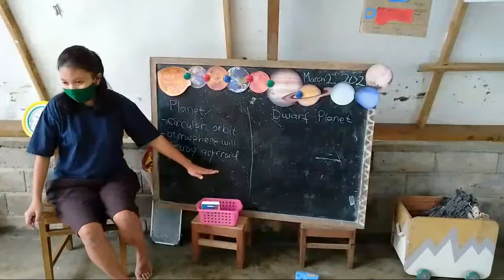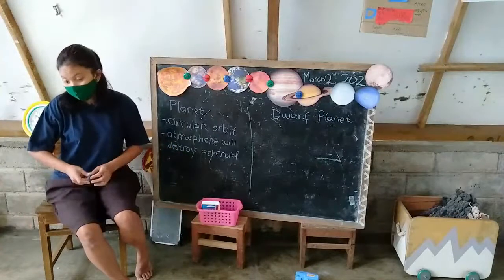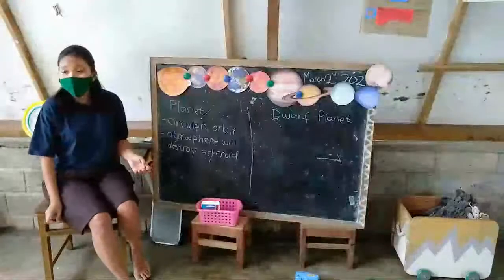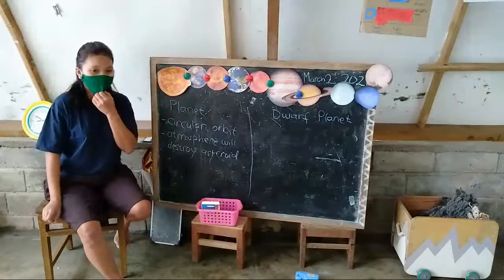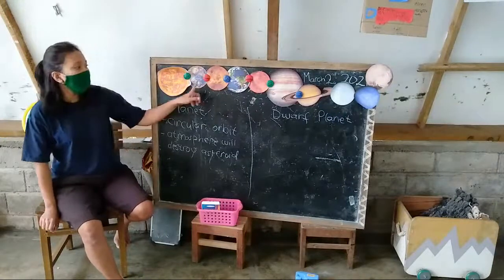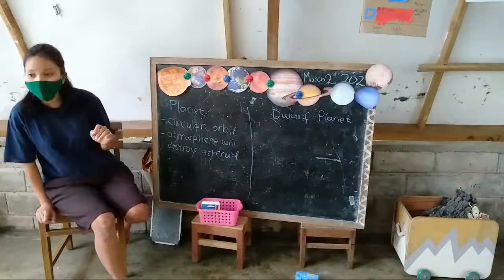So if the Earth crashed into another planet, it will not crash. Why, Alpha? It has its own way, not everywhere. Why doesn't Earth go to Neptune and then go back to its place? Thank you for your explanation.